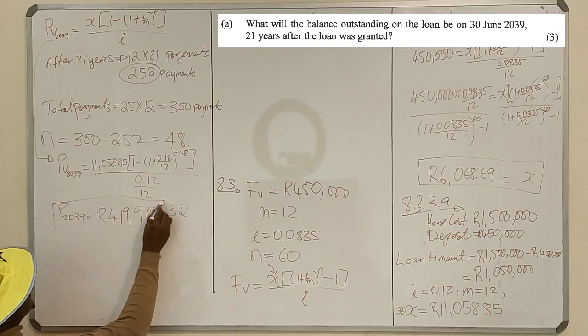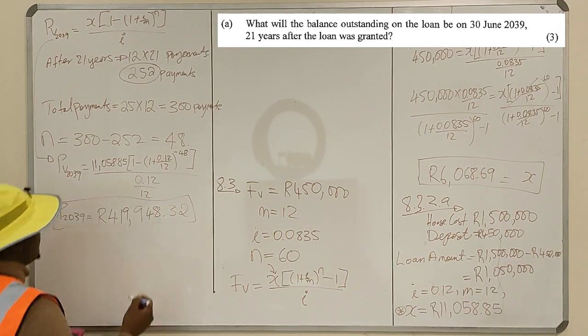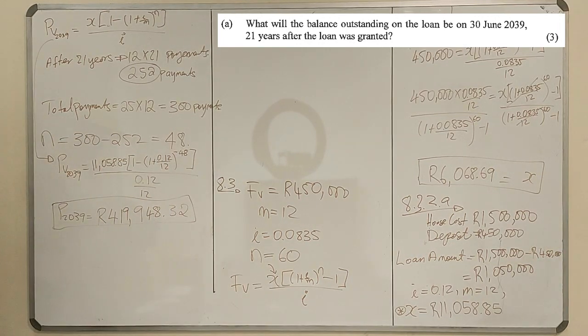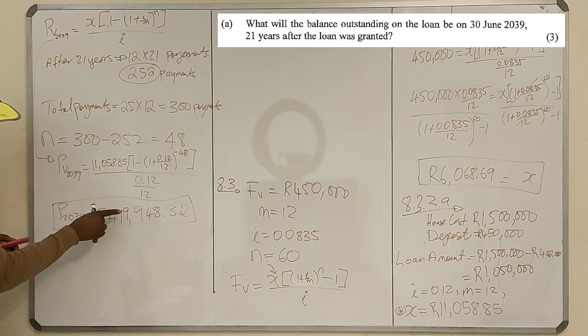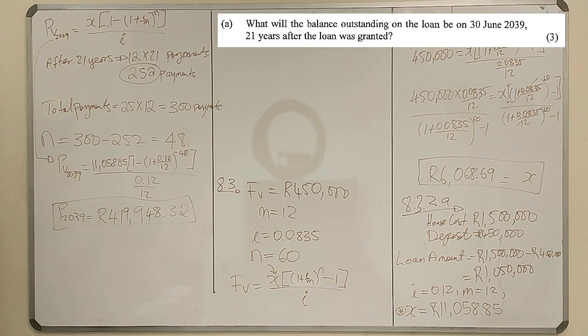So from his loan, this is the amount that he will be owing in 2039. At the end of 2039, he will still be owing 419,948 and 32 cents. That's the money that our friend will be owing.